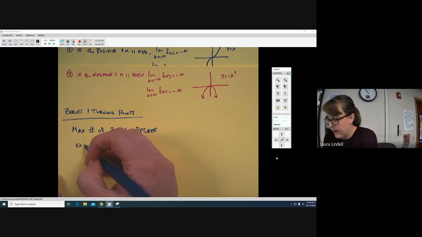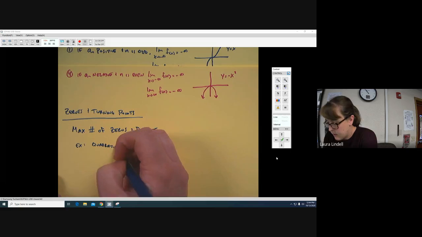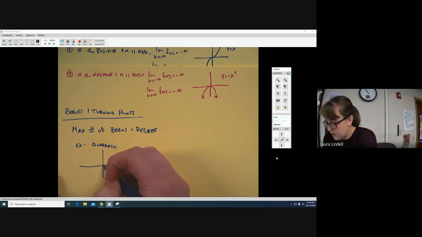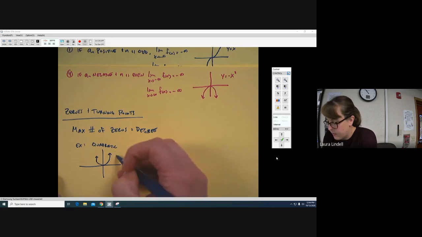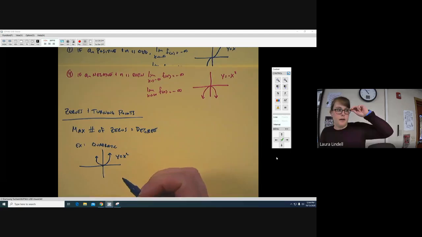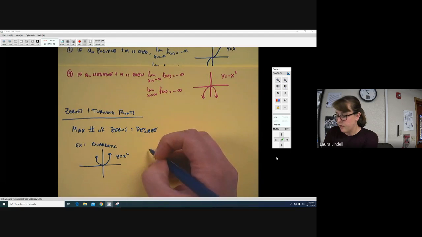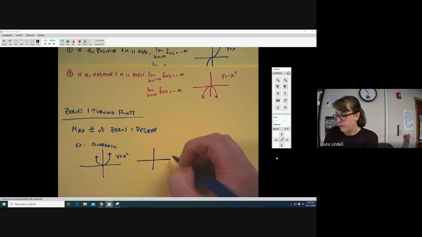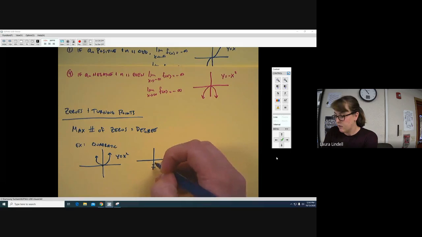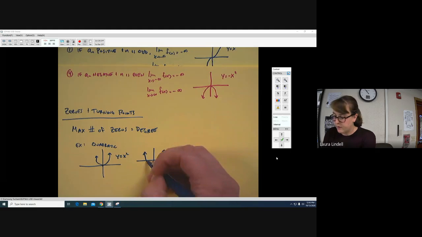So for example, if I had a quadratic, y equals x squared only has 1 zero, right? But if we moved it down and did y equals x squared minus 3, we would have 2 zeros.